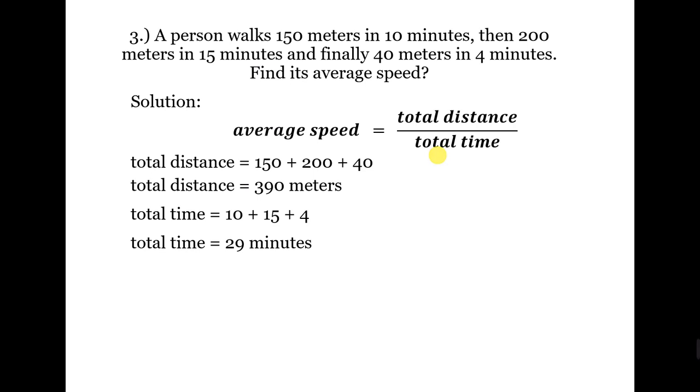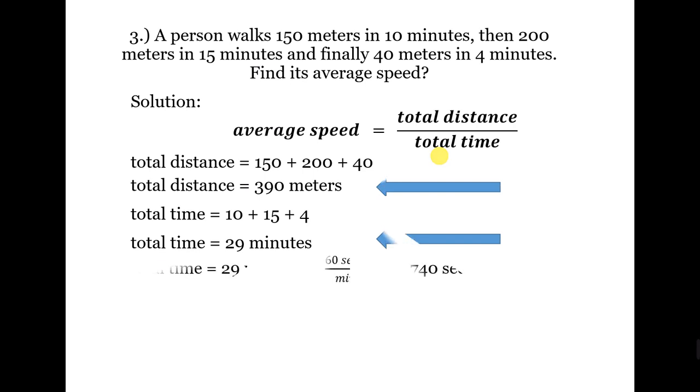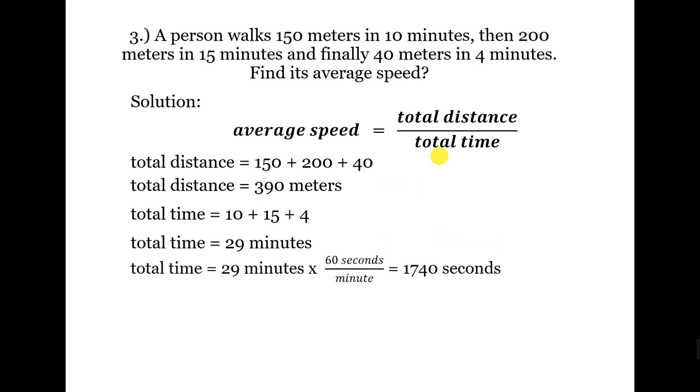But how can we do this? Let us convert the unit of time from minutes to seconds. From 29 minutes, let us multiply it by the factor of 60 seconds per minute, which will give us a result of 1,740 seconds.